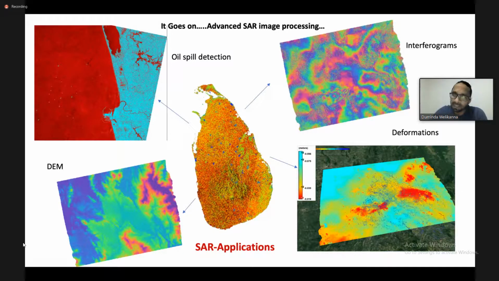Pixel-based classification is classification, object-based classification is segmentation. And each area is a very deep area to study and to understand and to work on. So it requires a lot of time, a lot of patience, and a lot of time from your life in order to achieve understanding in all these areas.